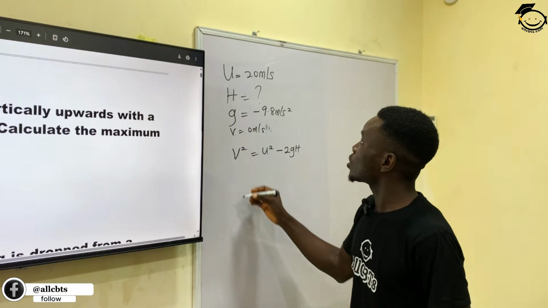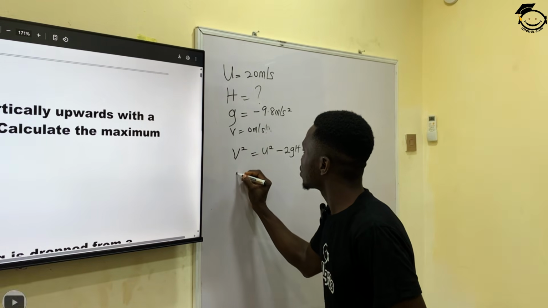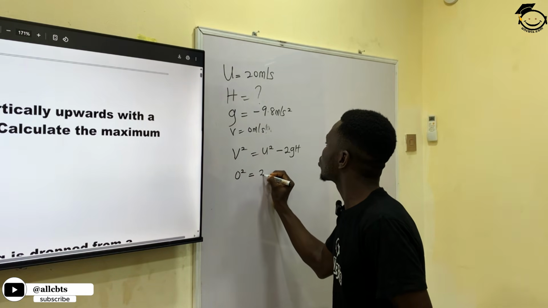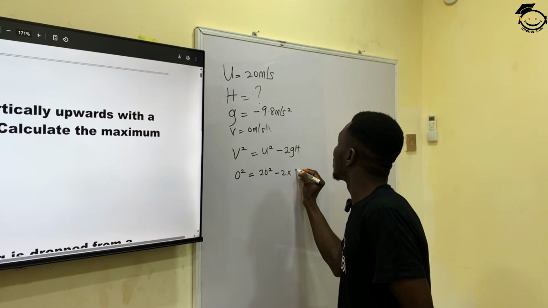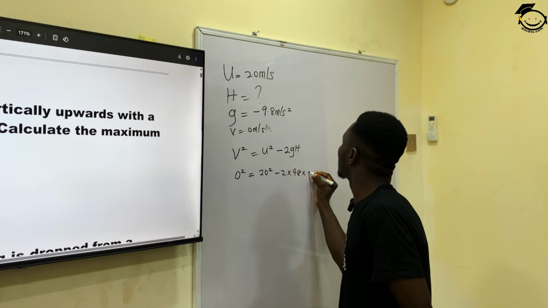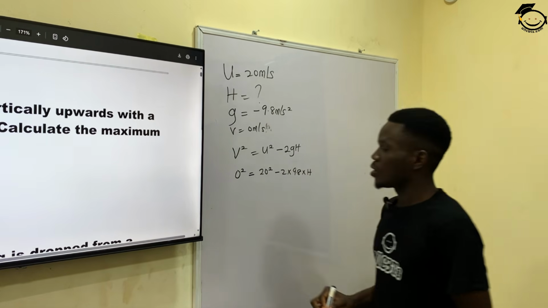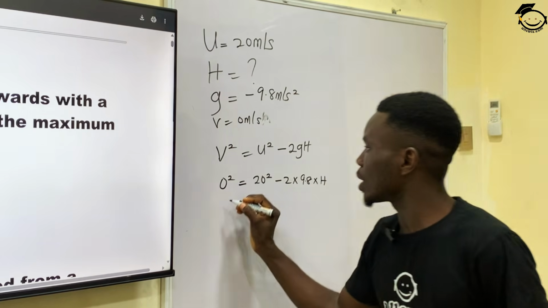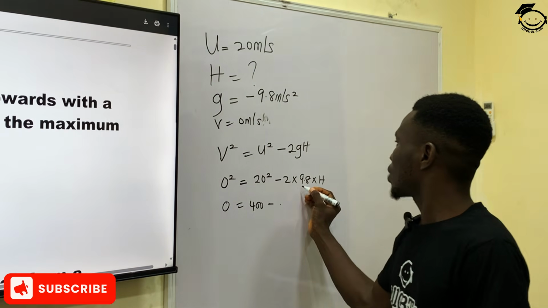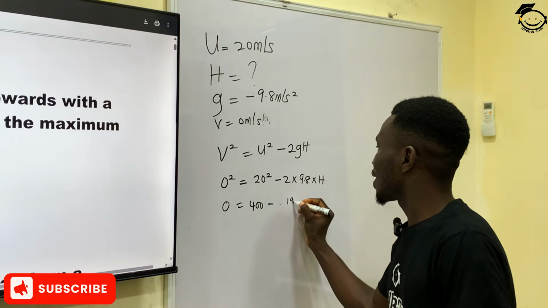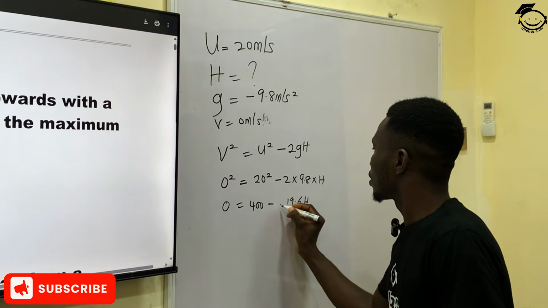If you input our values, we'll have 0 squared equals 20 squared minus 2 times 9.8 times our height, which is unknown. So I have 0 equals 400 minus 19.6h, since 2 times 9.8 gives 19.6.